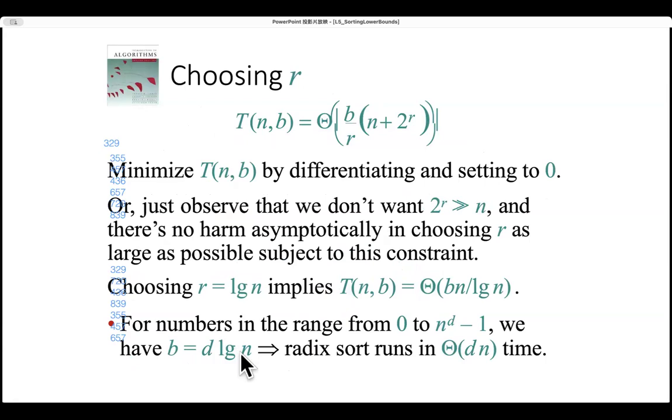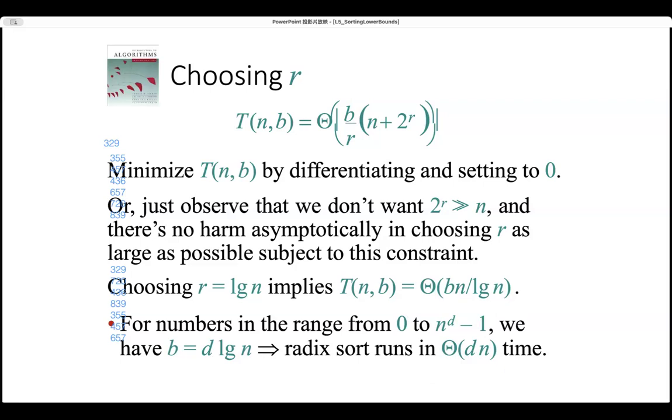n is the number of values in the input sequence. So if you assign b to be this value, then the log n cancels out and it's linear, where d represents the number of digits, times n.